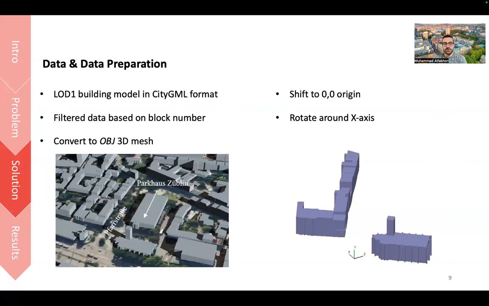But since we have the model for the whole city, we first need to filter based on the area that we are interested in and convert all these building models from CityGML format to OBJ 3D mesh format. And definitely we need to take care of the issue of rotating around the x-axis, since different coordinate systems are used in 3D computer graphics and in real life. And we also use a local coordinate system in this.